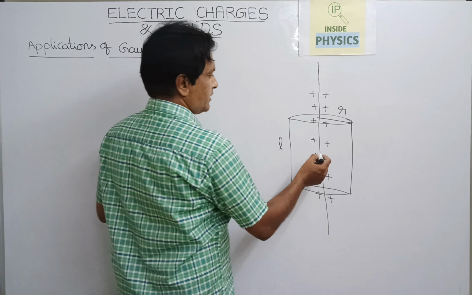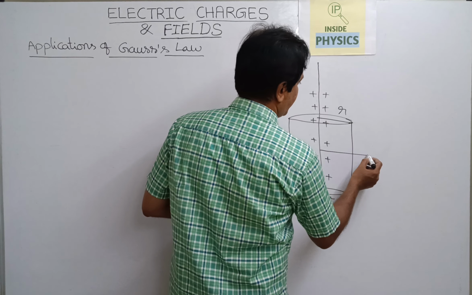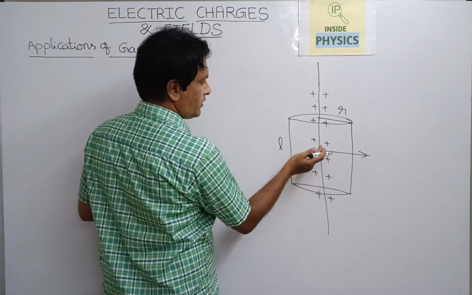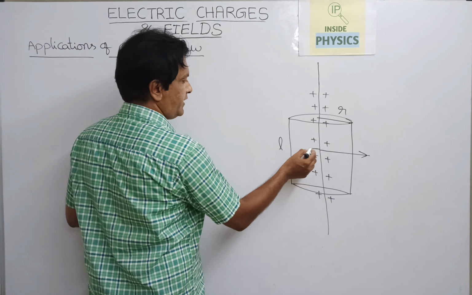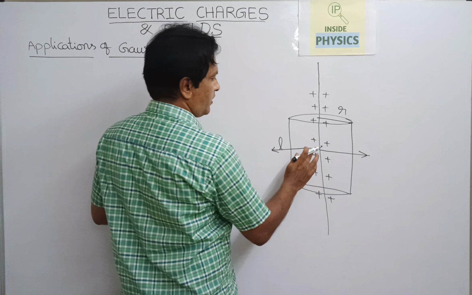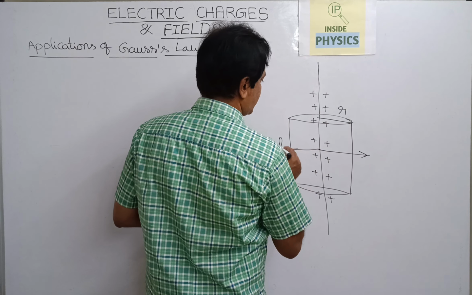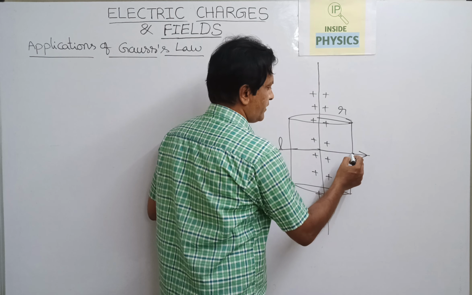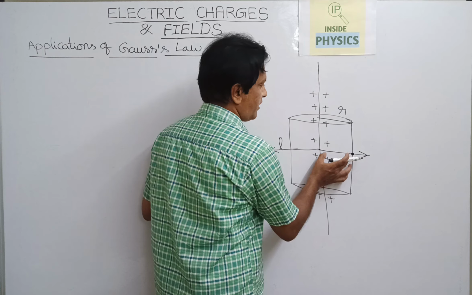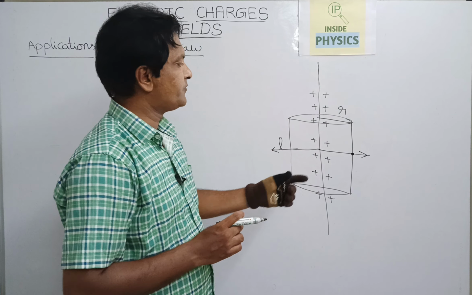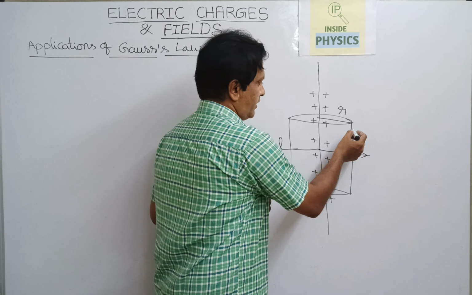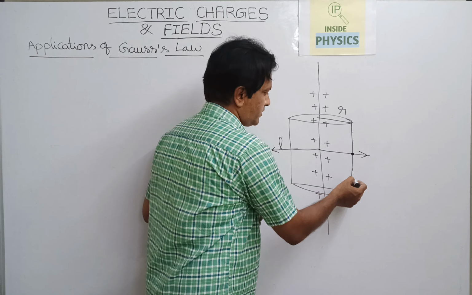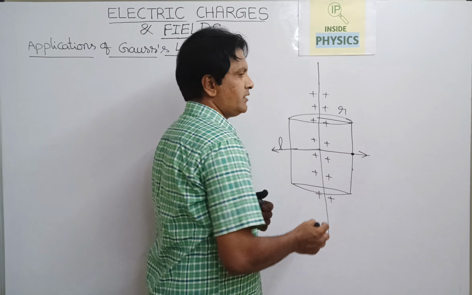The field coming out because of this charge is radially outwards along the radius. If you take a point P here at a distance r, which is the radius of the cylinder, the electric field at all points on this surface is equal.